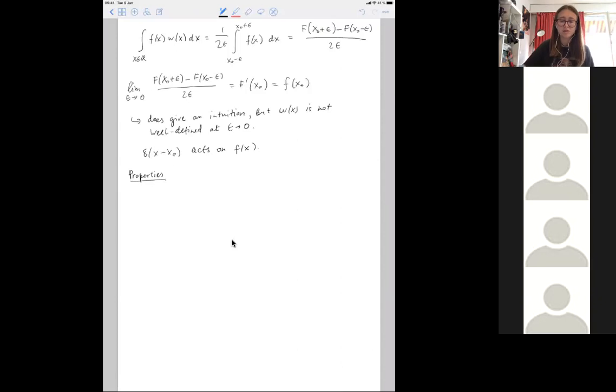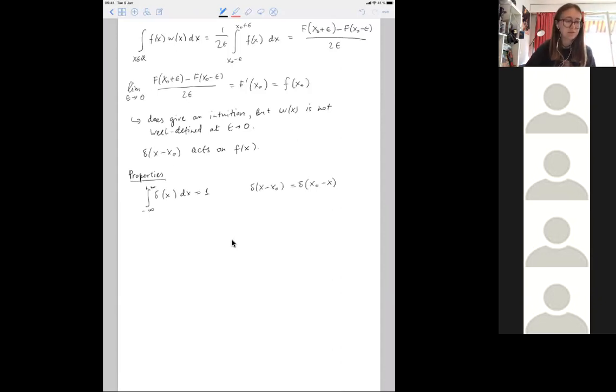Okay, so the properties of a delta function are similar to the Kronecker delta. The integral is equal to 1, so it's normalized. Then also delta of x minus x0 equals delta of x0 minus x, so it's symmetrical.